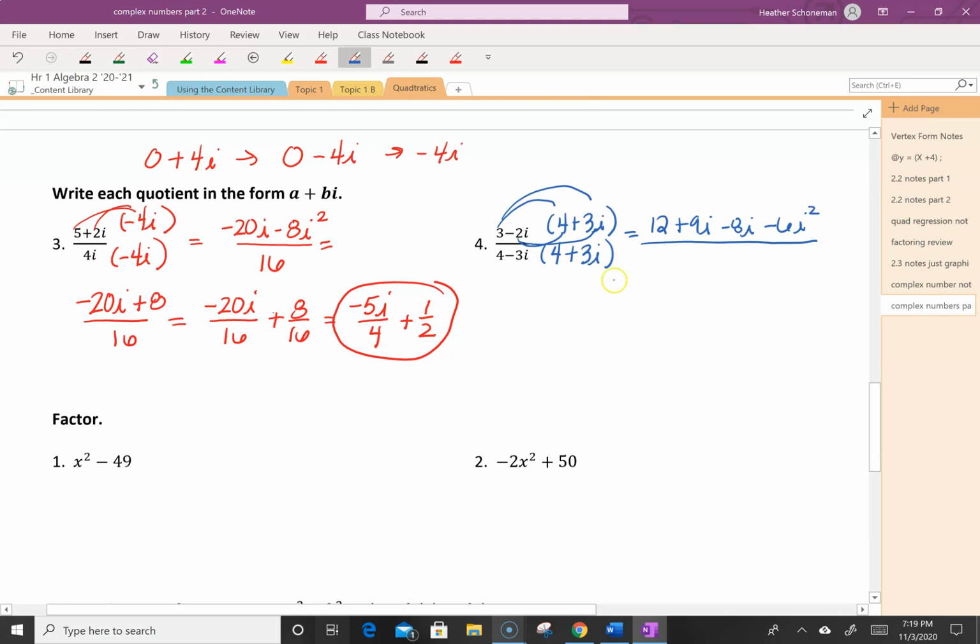On the bottom, because they're conjugates, I can use a shortcut. 4 times 4 is 16. Negative 3i times 3i is negative 9i squared, which is the same thing as positive 9.